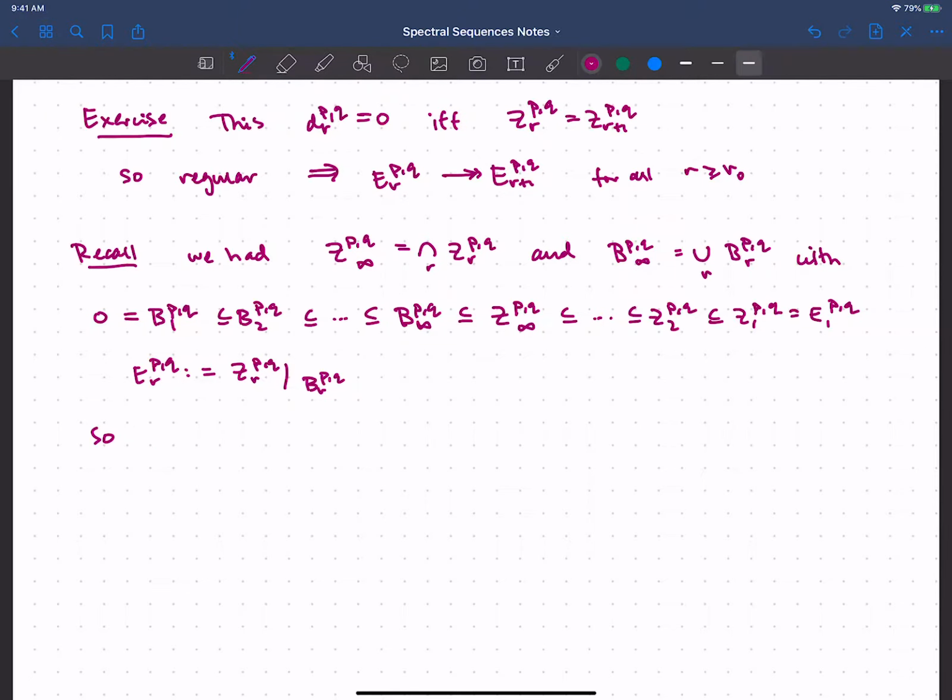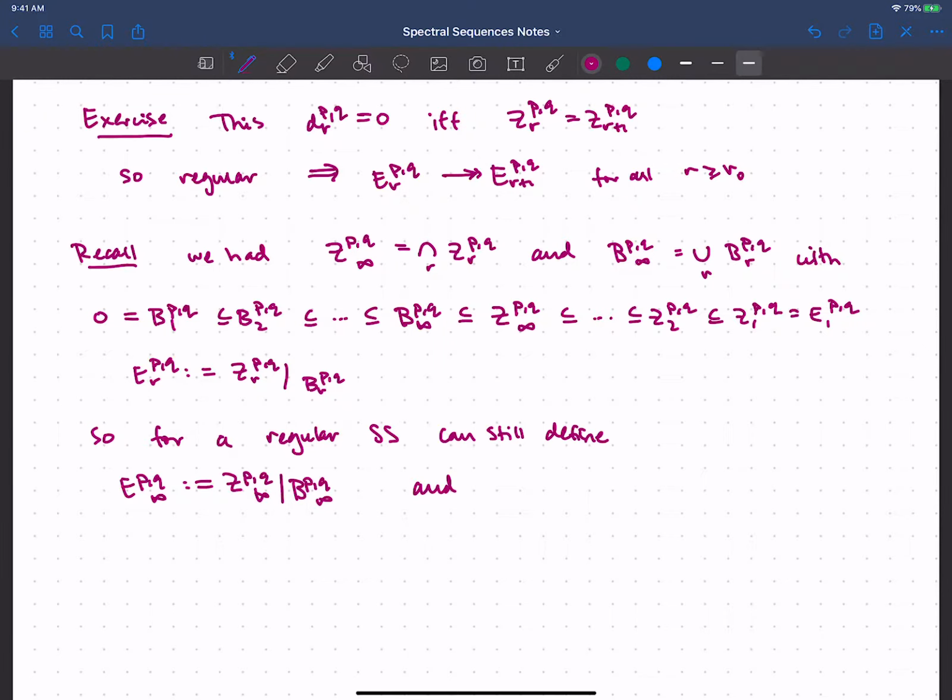Well, after you've done this exercise and you think about what happens for a regular spectral sequence, where all the differentials coming out at each spot are eventually 0, well, we can still define, of course, this E_infinity^{p,q}. Doesn't show up on any of the pages necessarily, but it's Z_infinity^{p,q} mod B_infinity^{p,q}, okay?